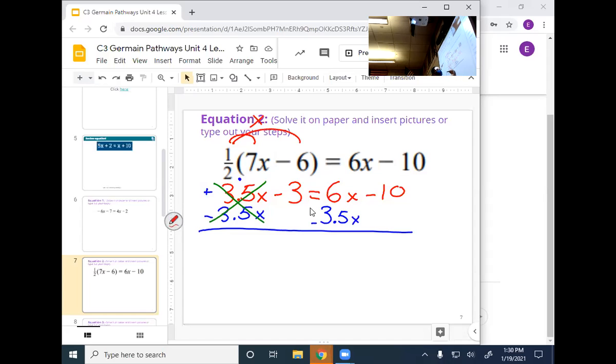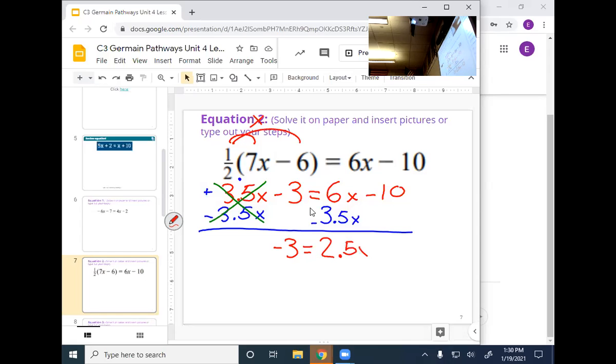This whole thing comes down. -3 is equal to 6 minus 3.5. Olivia? 2.5. 2.5 what? x. Very good. 2.5x. And I bring down minus the 10. Yes, very good. Nice job. Minus my 10.